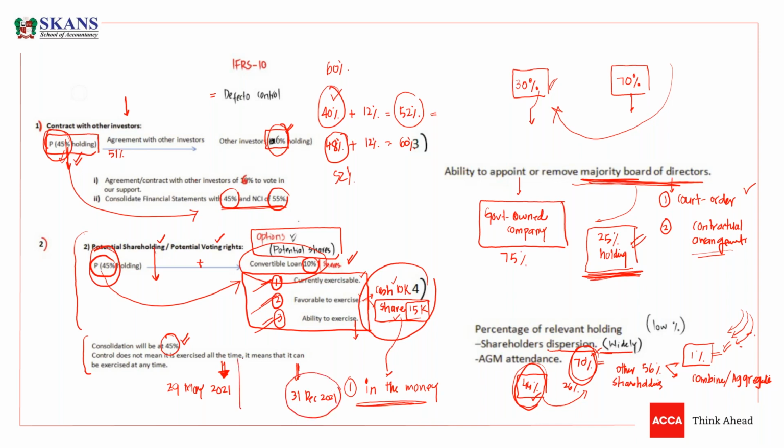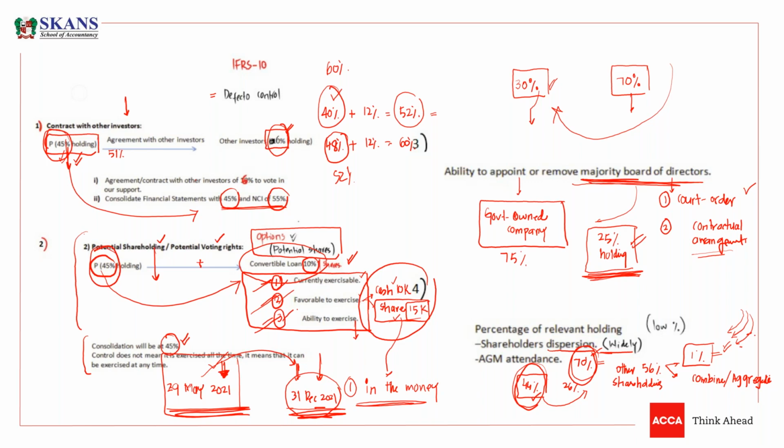So it means that at this date, these convertible loans are not currently exercisable. They will become exercisable on 31st December 2021. So right now we don't have any control over that company. But on 31st December 2021, we will say that this company is our subsidiary, if the other two conditions are there.